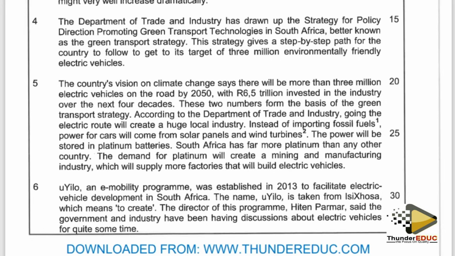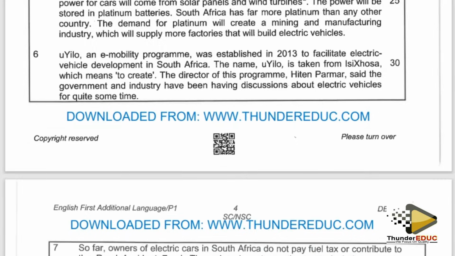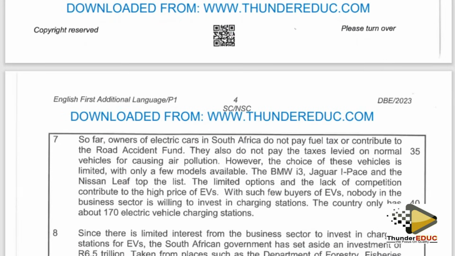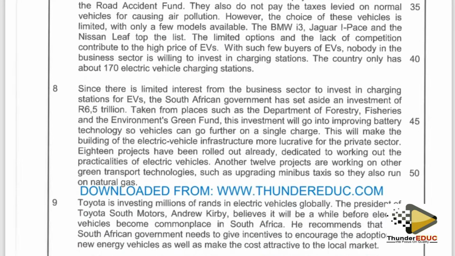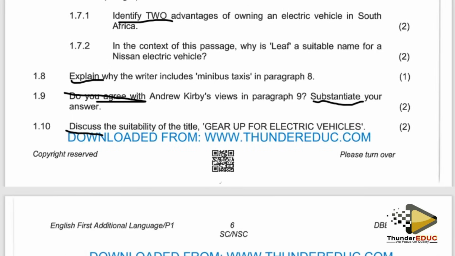So now, when they say gear up, people are supposed to prepare themselves. And if they prepare themselves, it will be easier for them to accept when the time comes, because the need for electric cars has gone high. So please make sure you discuss. When you are discussing, you are going to use what you understood from the passage.